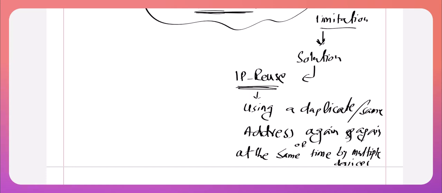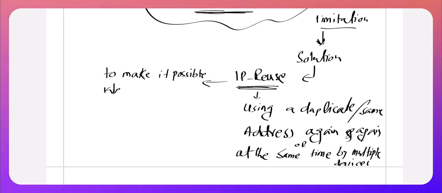Now, how do we make IP reuse possible? To make it possible, we were required to divide the internet.